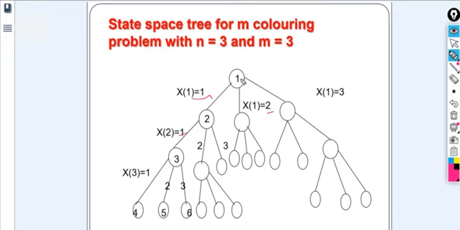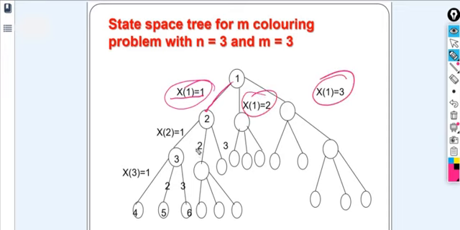As a solution, we cover what will happen if you apply color number 1, and what will happen with color number 2. First we need to draw all the possibilities in the state space diagram. How do we draw it? First the possible colors: color 1, color 2, color 3.